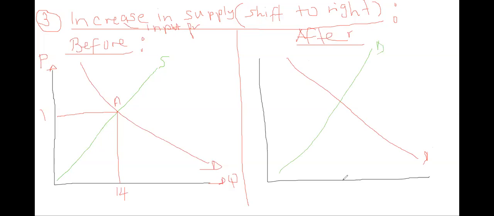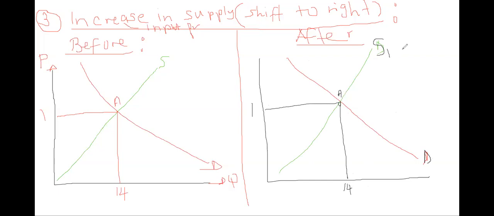Where they intersect is the original position, which is A, price 1, and 14 ice cream was consumed and supplied. But because input prices go down, supply increases. This should be S, not D. And this is D. Here we call it the original supply, and where they intersect is A.